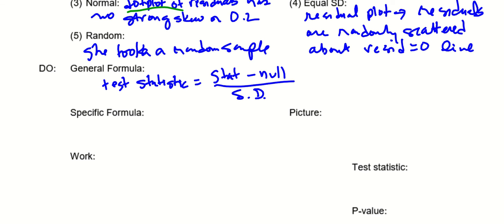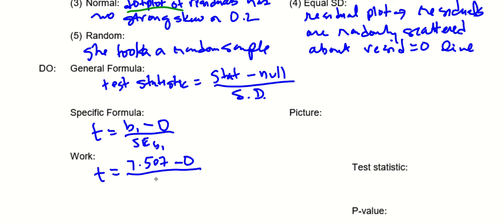So for us in this case, our test statistic is going to be a t-score, and that will equal our statistic, which is the slope of our LSRL, which is our b1, minus the null, and the null is that the true slope is 0, divided by, for standard deviation, we're going to use the standard error of b1. So plugging in the numbers we have here, t will equal 7.507 minus 0 over 1.29.